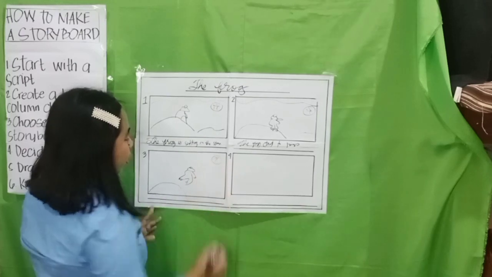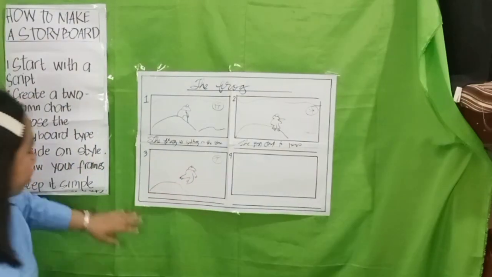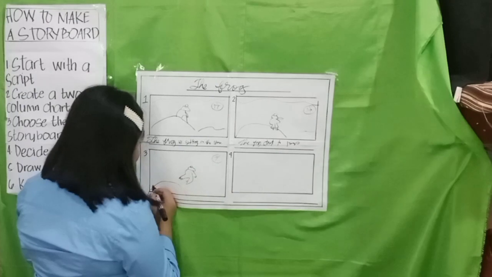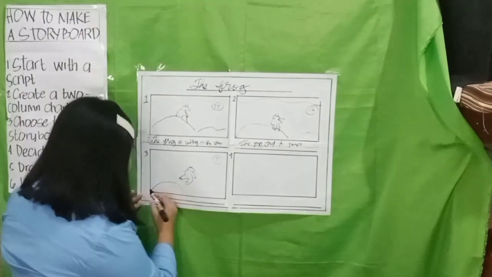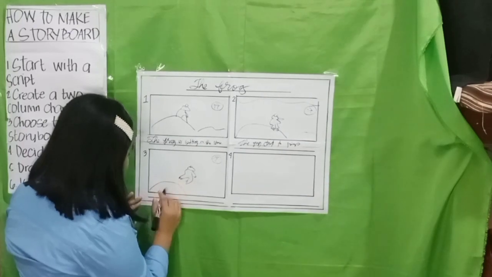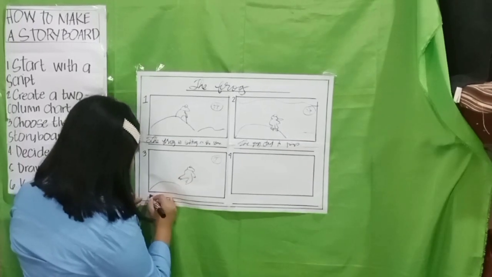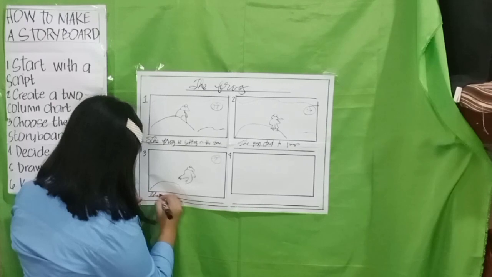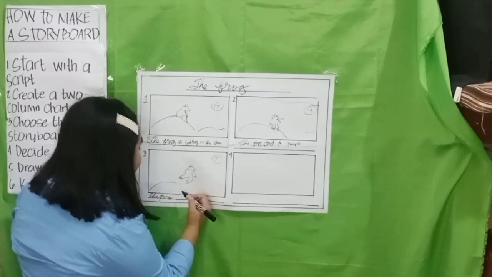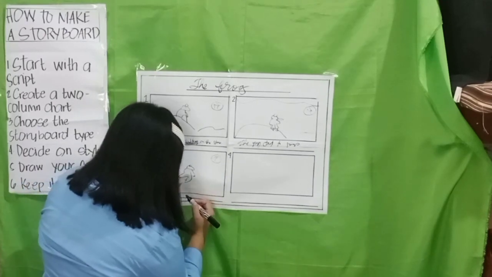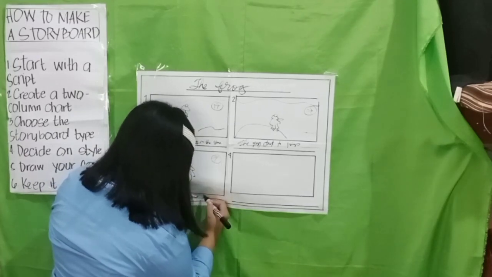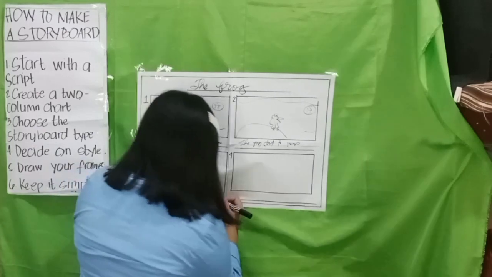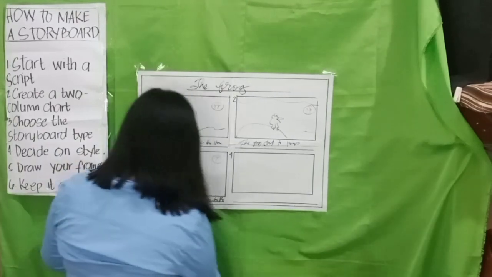Bigger. So when you jump, you're going to put the information. The frog is almost near the water. It's almost on the water.